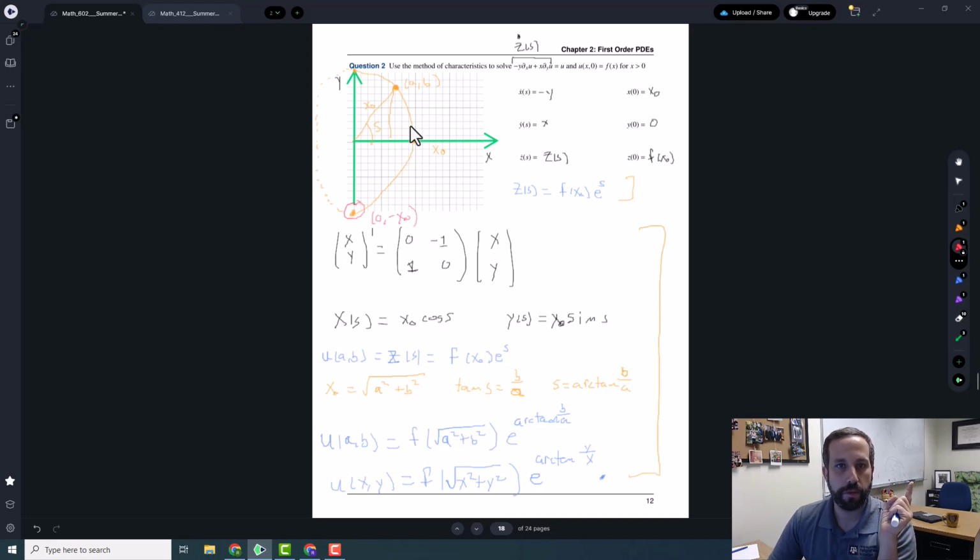If I start at this point and travel counterclockwise, it's going to say that u of 0, minus x naught is equal to f of x naught times e to the s, where s is 3 pi over 2. However, if I start from here and go in this direction, it's going to say that this is equal to f of x naught e to the minus pi over 2.